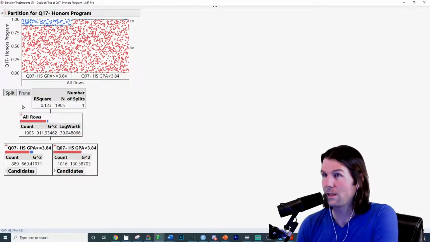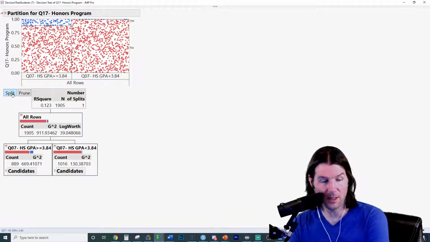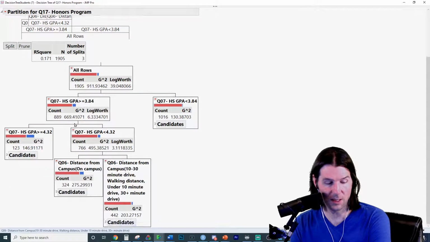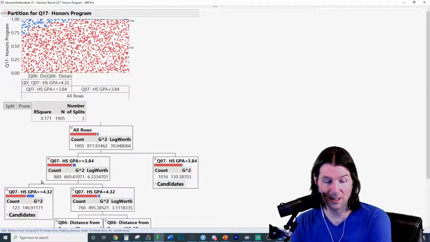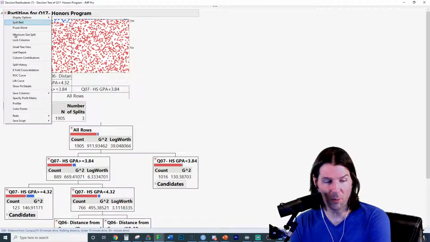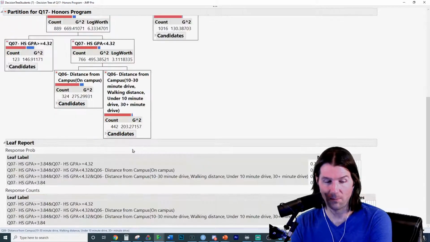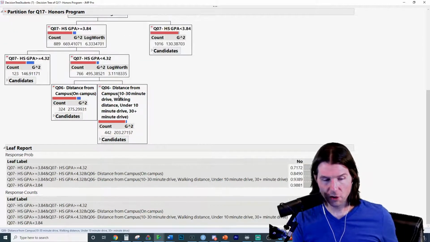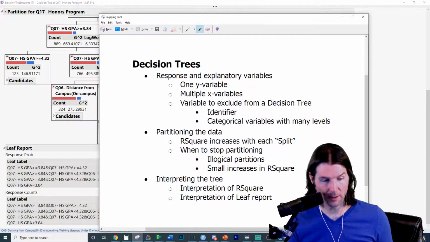As we would expect, the honors students are the students with the higher GPAs. So this one's making a lot more sense, and we're getting a much better R squared. And you can see right here, students who are in the honors program are students basically with really high GPAs. Let's go ahead and look at the leaf report right now, which is our last thing to understand. We have 4 leaves. And one thing I want to point out right here, and this is so very important, is the following.